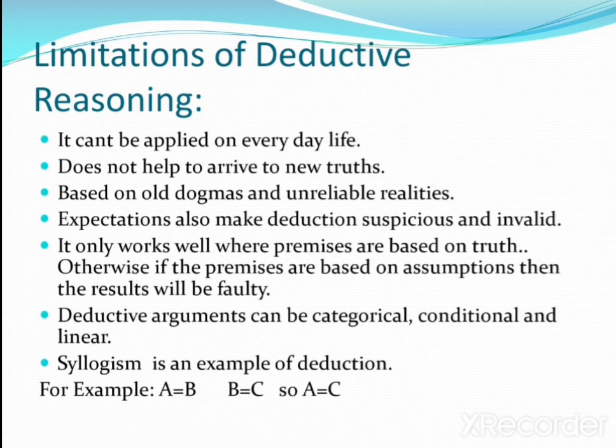This cannot be applied everywhere, that by adding 1 and 2 we can get 3 and by adding 2 and 3 we can get 5. No, this cannot be applied. It does not help to arrive at new truths because it is already based on a formula. Everything that is based on a formula will give you a restrictive result. So when you get restricted results for anything, it means that you are not going to arrive at the new truths of the society.